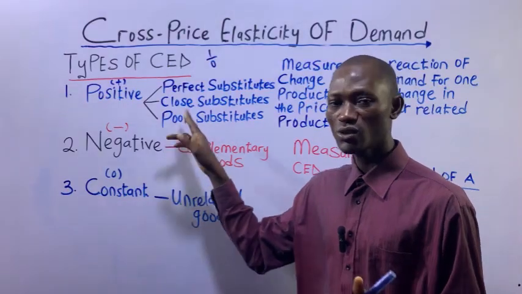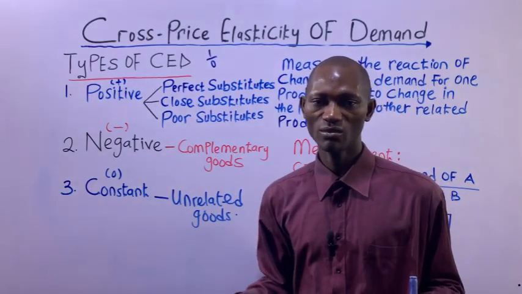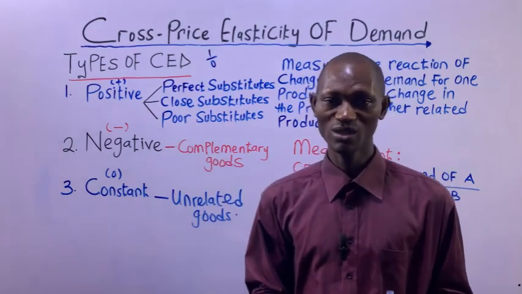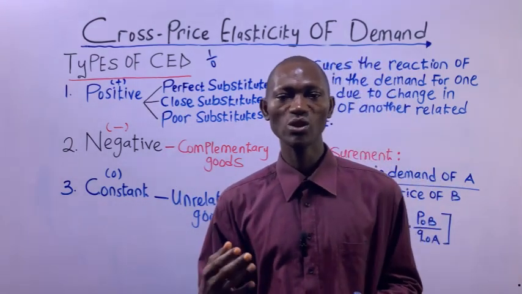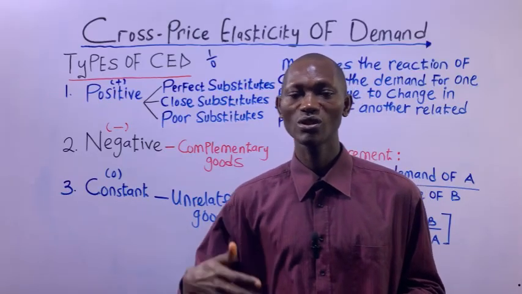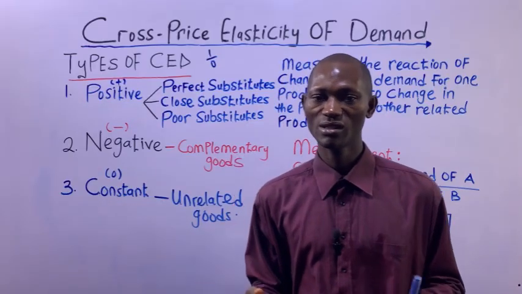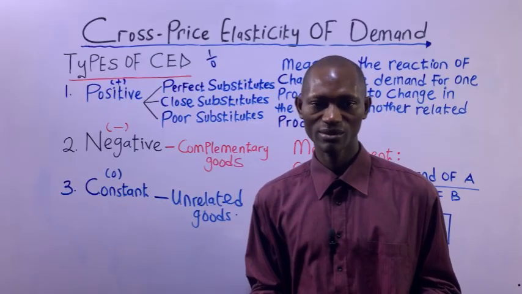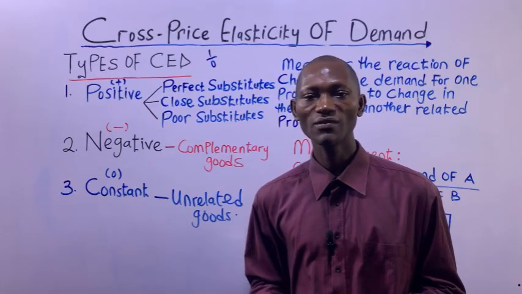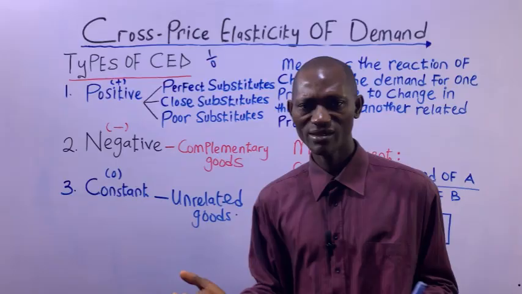So close substitutes give similar satisfaction, not the same. A change in the price of one close substitute, let's say by 5%, will lead to a more proportional change in the demand for another close substitute. So if iPhone decides to increase its price by, let's say, 10%, that may lead to a more proportional change in the demand for Samsung by maybe 20%, 30%, and all that.